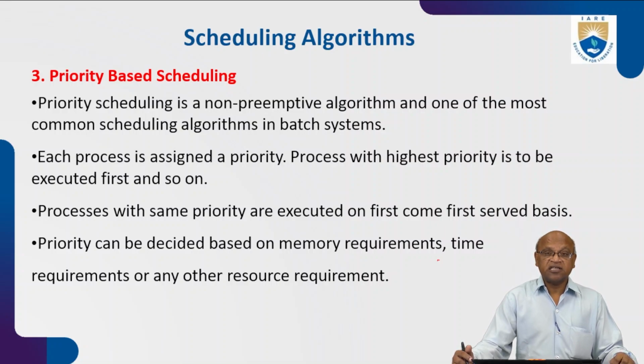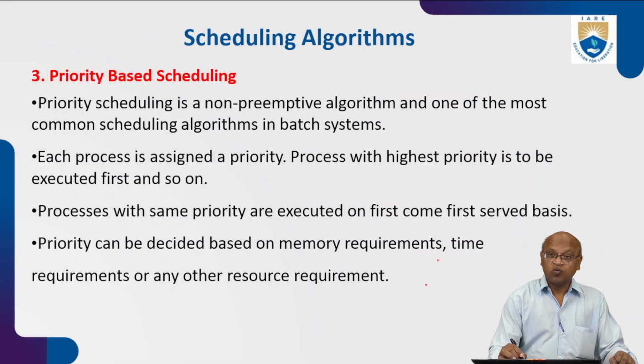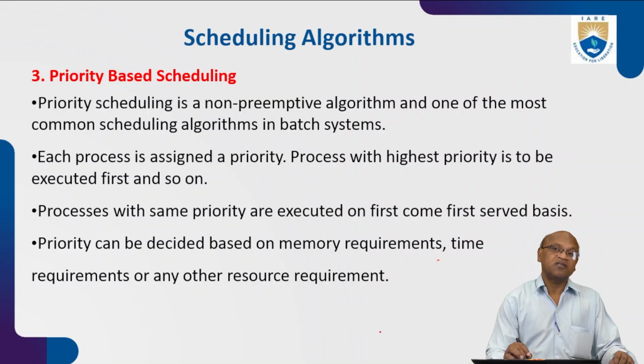Each process is assigned a priority. The process with the higher priority is executed first, and so on. The processes with the same priority are executed, that means if two processes have the same priority, the order is first come first serve. Again, the first come first serve basis will be taken into consideration.